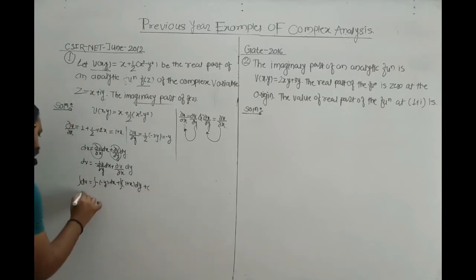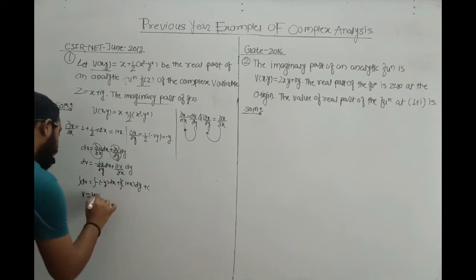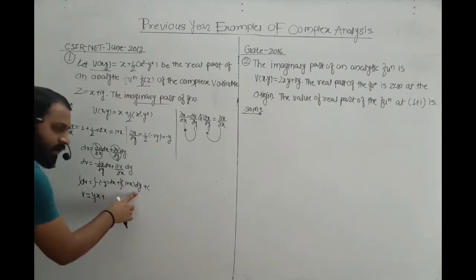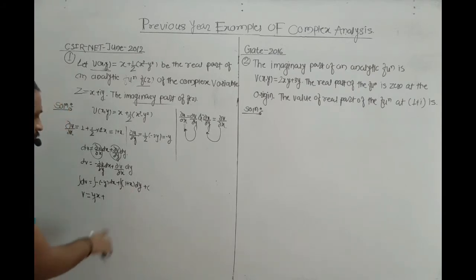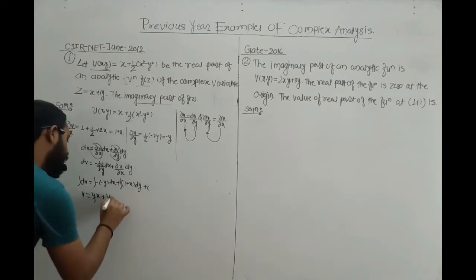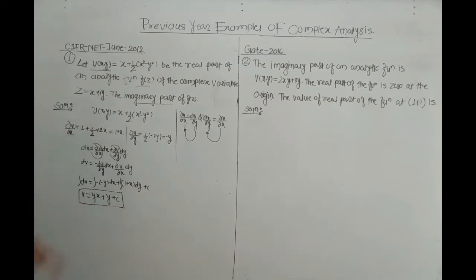Therefore integral dv is v, minus minus gets plus, y is a constant, therefore take it outside, integral dx is x, plus. Now see here x dy gets cancelled because x is present, therefore 1 into dy, integral of dy is y, plus c. This is your imaginary part for this given real part.